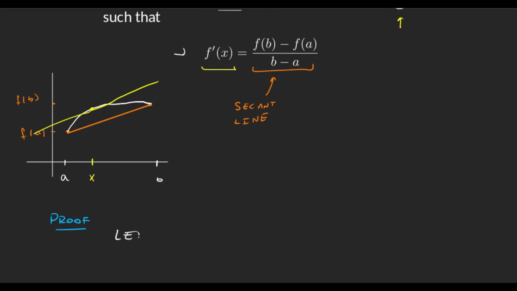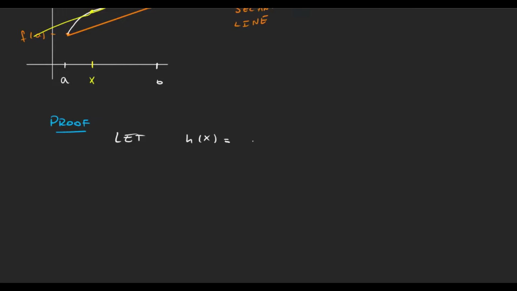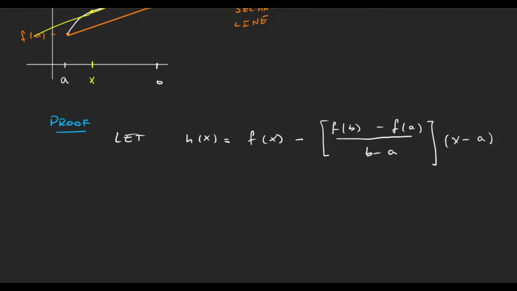We're going to define a function, h of x. And this function might seem a bit weird, but you'll understand in a minute why we define it this way. We define it as f of x minus the secant line, f of b minus f of a, divided by b minus a, and all this multiplied by x minus a.